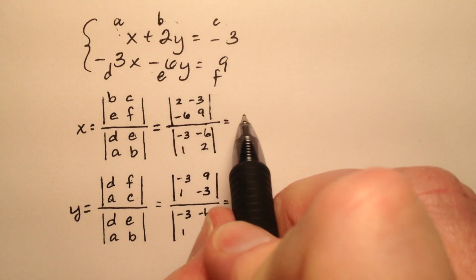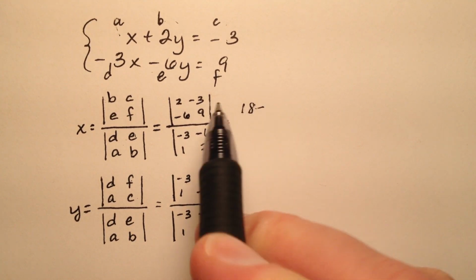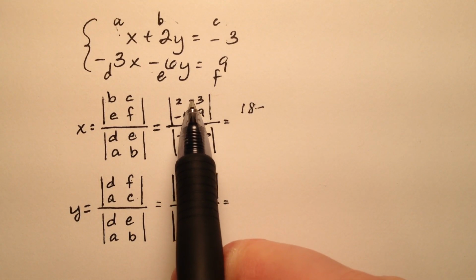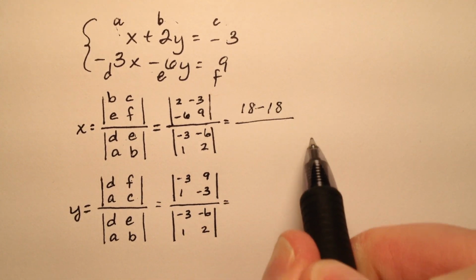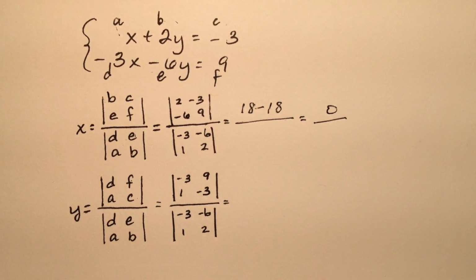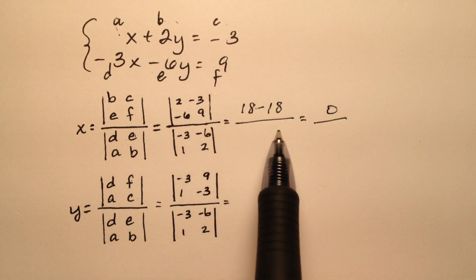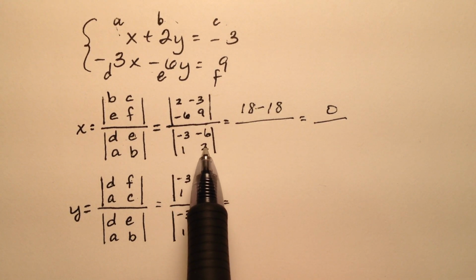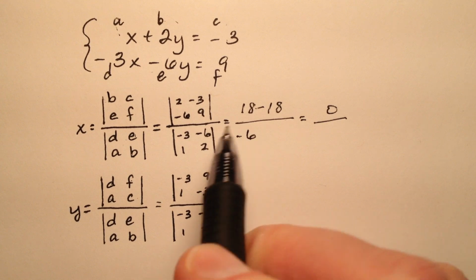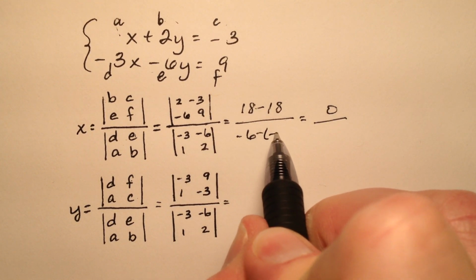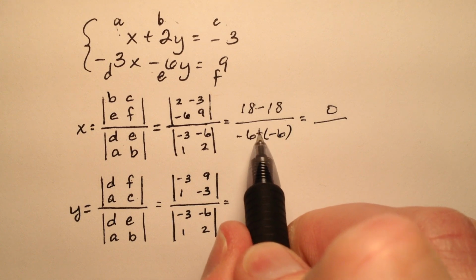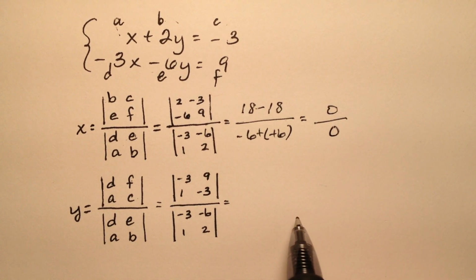So 2 times 9 is 18, minus -6 times -3 is positive 18, so 18 minus 18 is 0 for that numerator. My denominator here is -3 and 2 makes -6, minus 1 times -6 is a -6. So we'll be adding, and we actually get 0 for that.